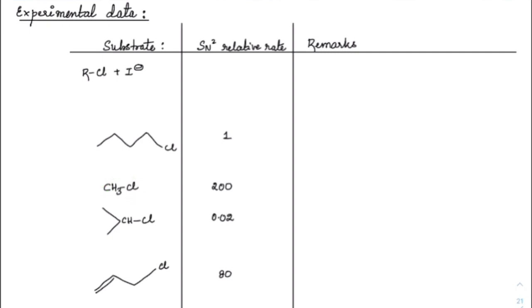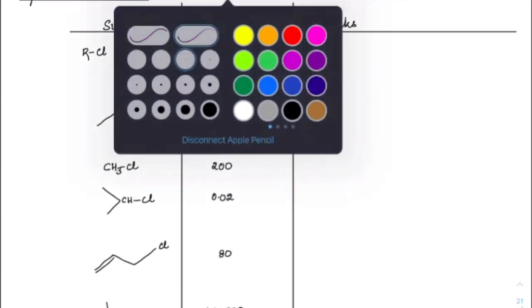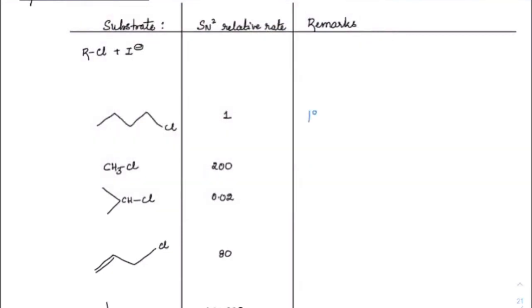Let us see, and I will put remarks on the reason why it is more or less. The first case is pretty simple: it is a primary alkyl halide, so a primary carbon position. Now the next one, CH3Cl.